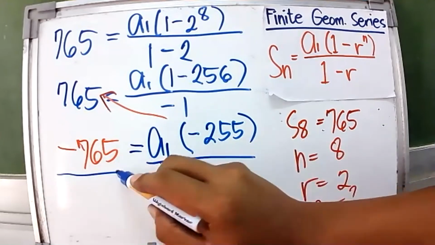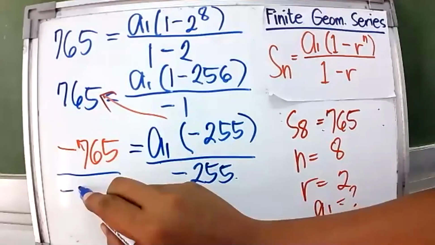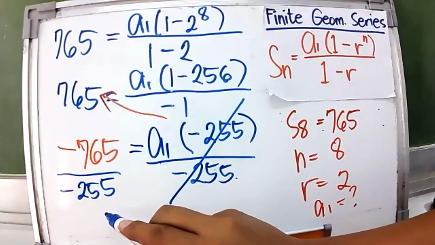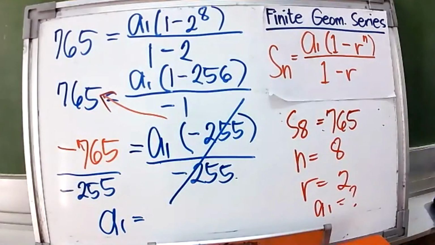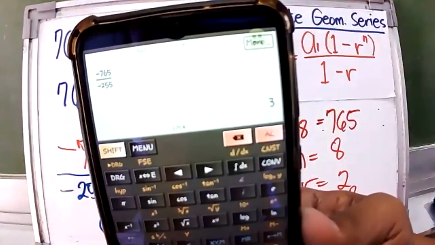And then, we're solving for the value of A. Divide both sides by negative 255. A sub 1 is equal to, when you press that in the calculator, negative 765 divided by negative 255, the answer is 3.